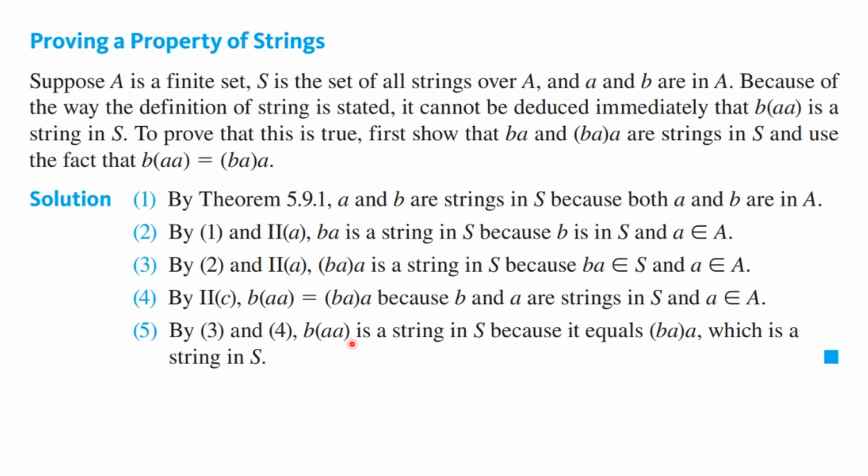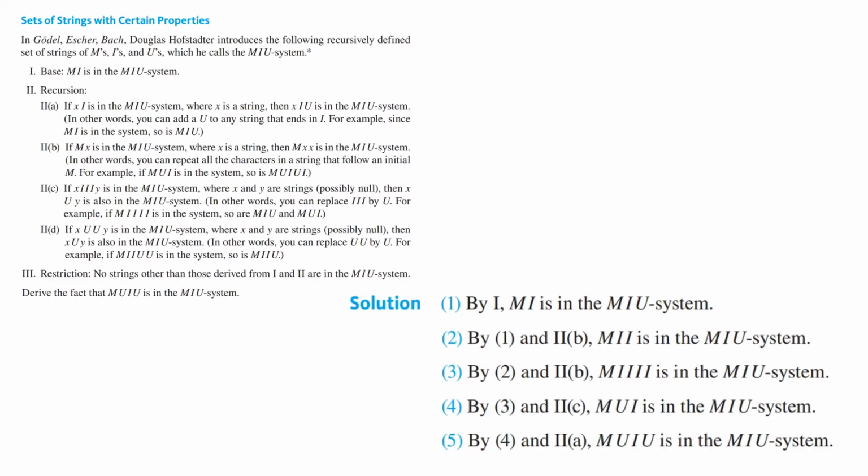And by 3 and 4, b(aa) is a string because it equals (ba)a, which is a string in S. You see, this is what you're doing to check that things are in fact valid from a syntax point of view.